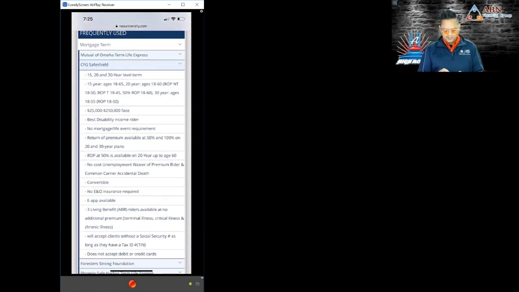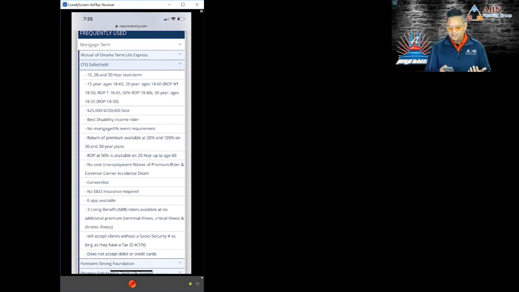It shows me the term periods of 15, 20, and 30, but more importantly, it shows me by age. So if he's 55 years old, it looks like I can cover a 30-year term. It says here ages 18 through 55, but the return of premium only goes up to age 50, so I can't do a return of premium option on him.